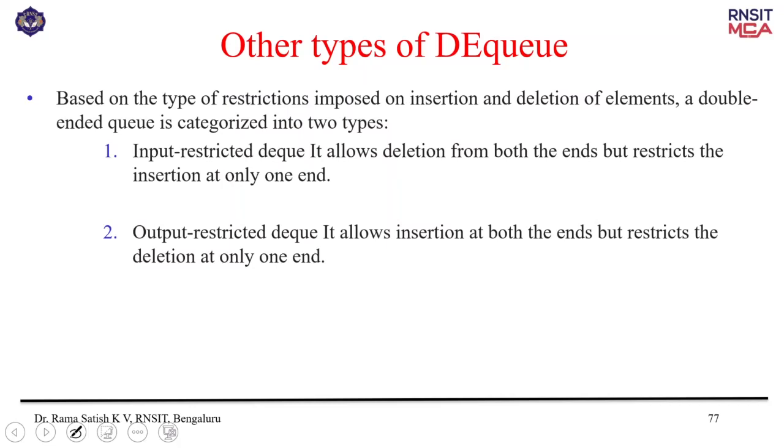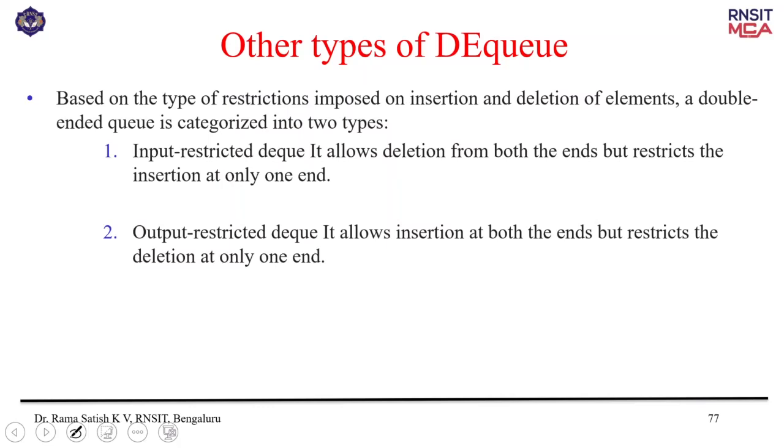Same way, output restricted DQ is another type of queue that allows insertion at both sides. You can insert at the front and insert at the rear also.